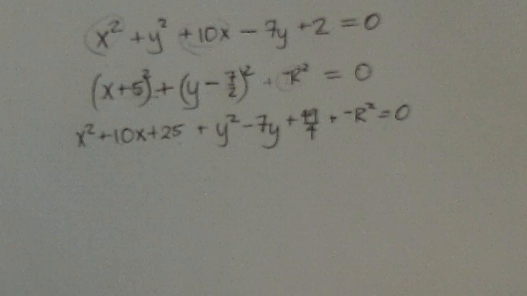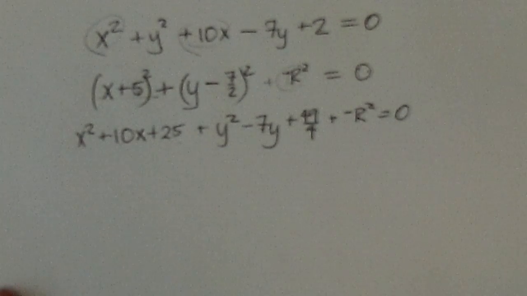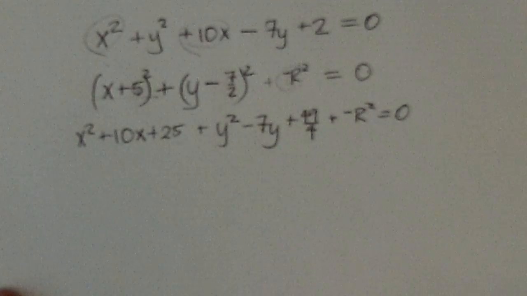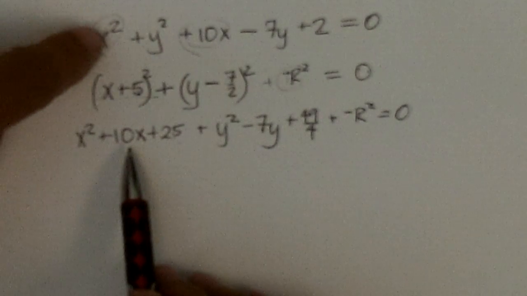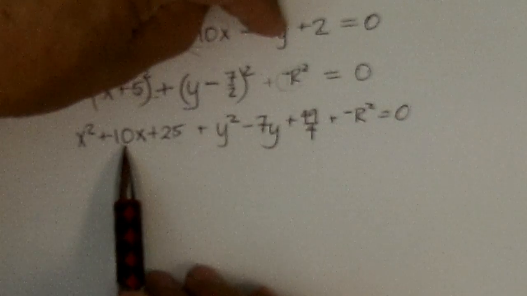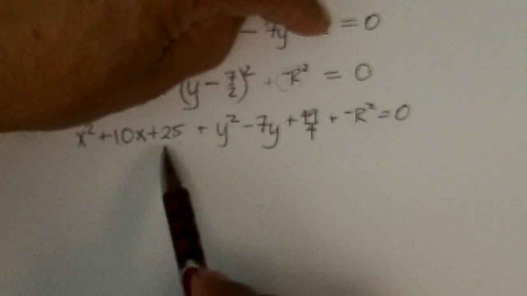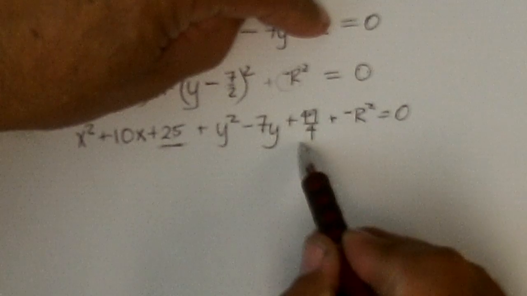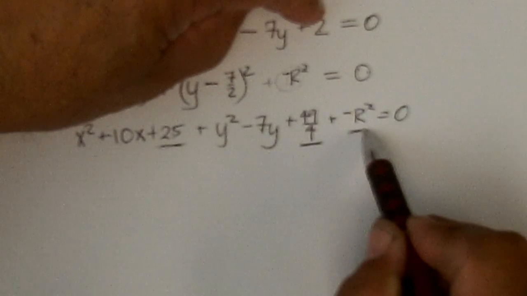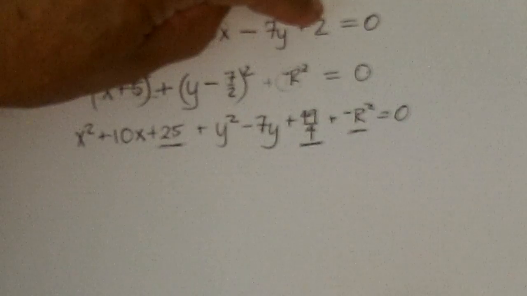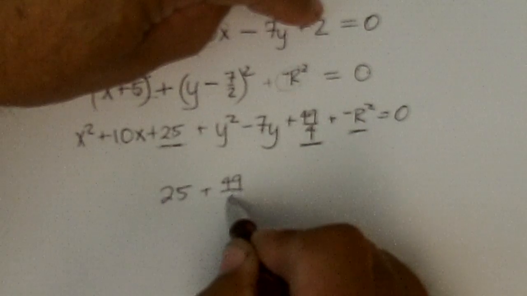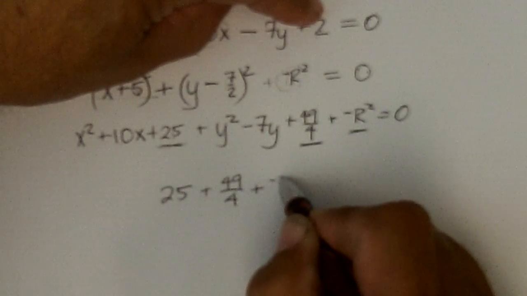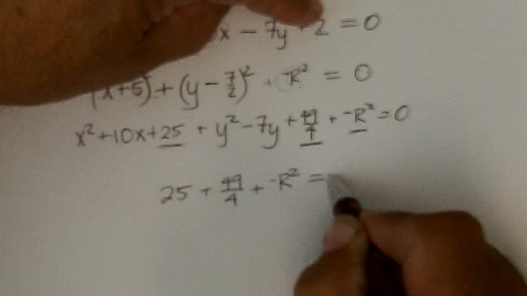And so now our original equation had the 10x, the negative 7y, and this number combined with this number is 2. So I have 25 plus 49/4 plus a negative r squared has to be 2.